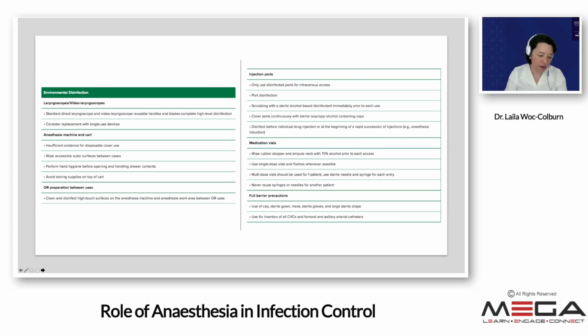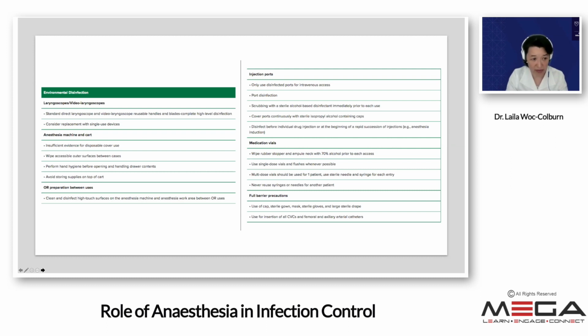One thing that is being promoted more and more is to use a single-use device. Maybe it's not good for the environment, but it actually decreases the amount of infections. The reason is that you use the single-use device, you throw it in the garbage, you don't put it on a contaminated area or the clean area that you have.